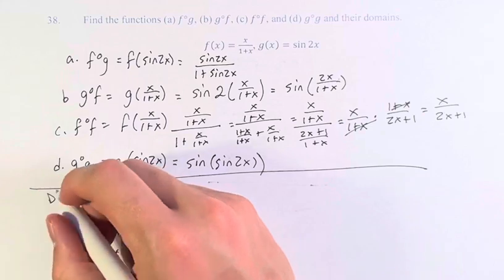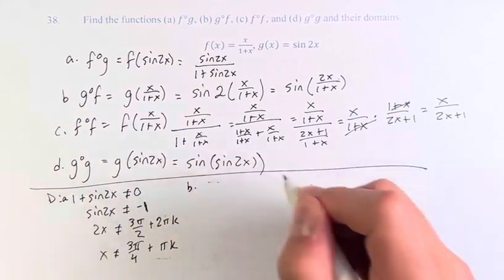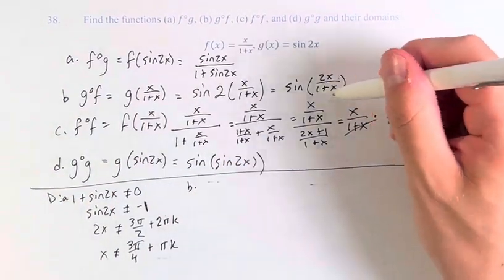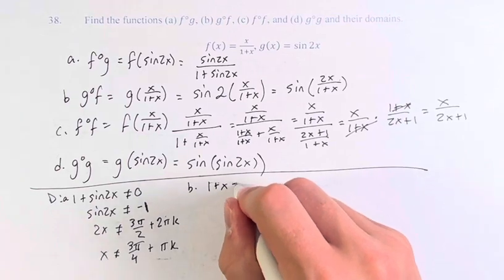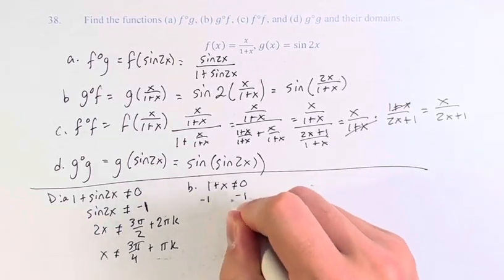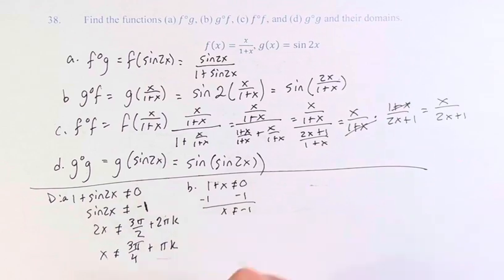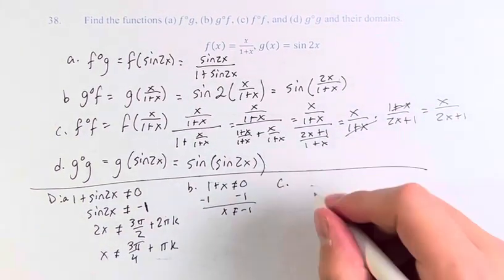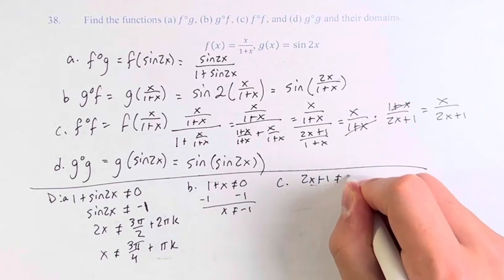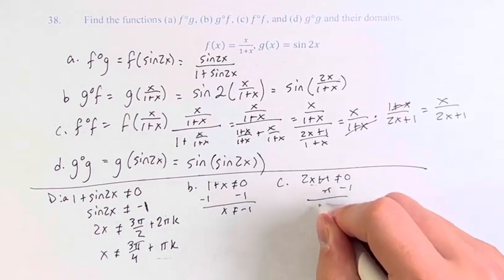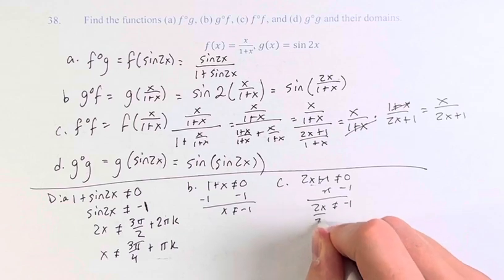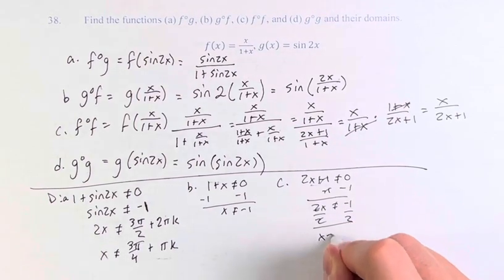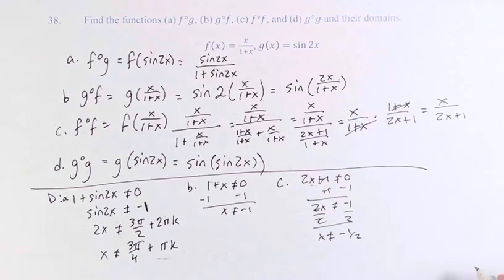That's for A. For B, the only restriction is that this denominator, 1 plus x, cannot equal 0. Therefore, x cannot equal -1. For C, this denominator can also not equal 0. Therefore, x cannot equal -1/2.